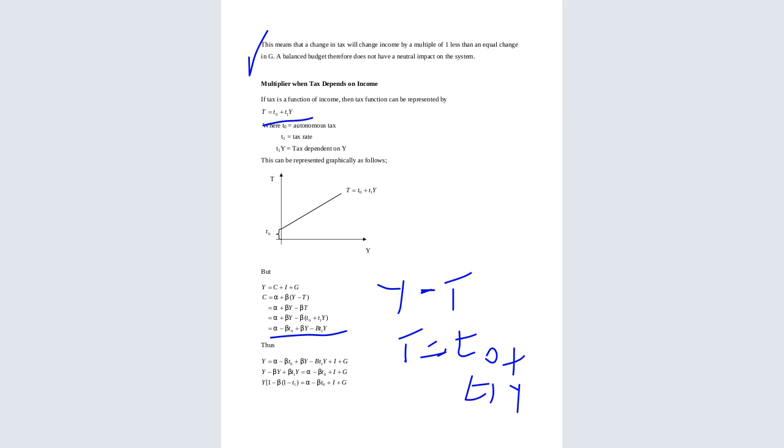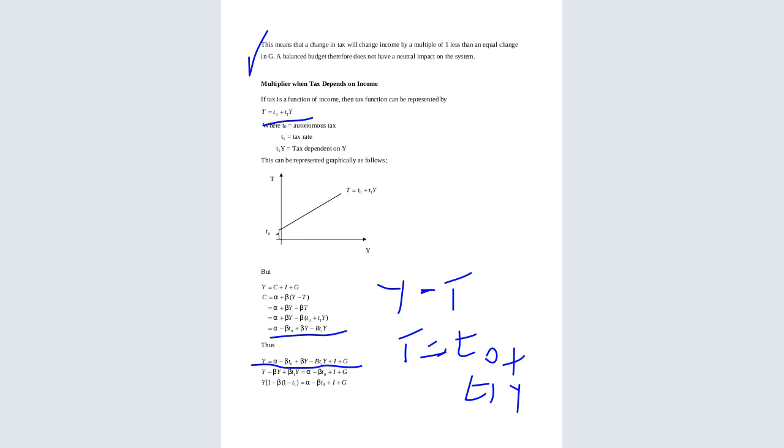So you can go back and formulate your income function here. You can see now our income is made up of so many components. We have autonomous consumption minus beta t naught plus beta Y minus beta t1 Y plus investment plus government expenditure.